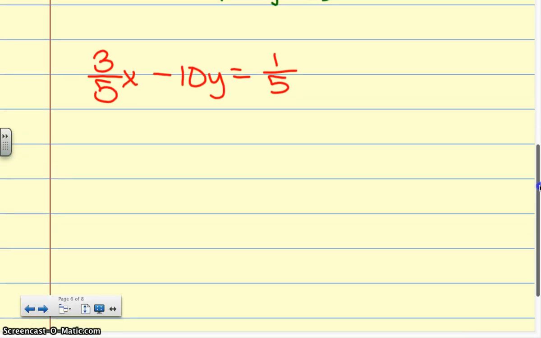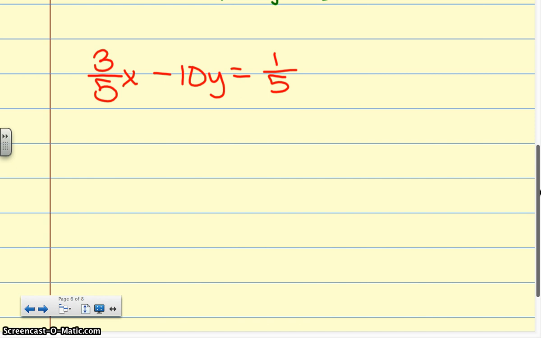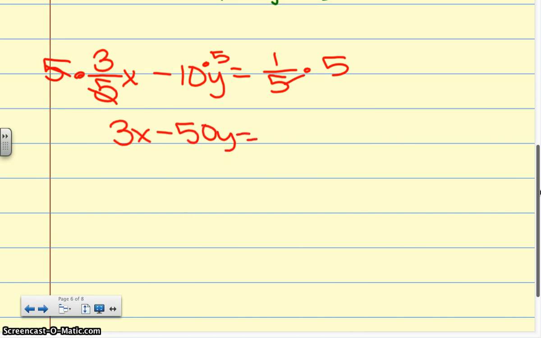Alright, so looking here, I see I do not have integer coefficients. So the first thing I want to do is get rid of my fraction, timesing everything through by 5. The 5s cancel. I'm left with 3x minus 50y is equal to 1, because they canceled out.